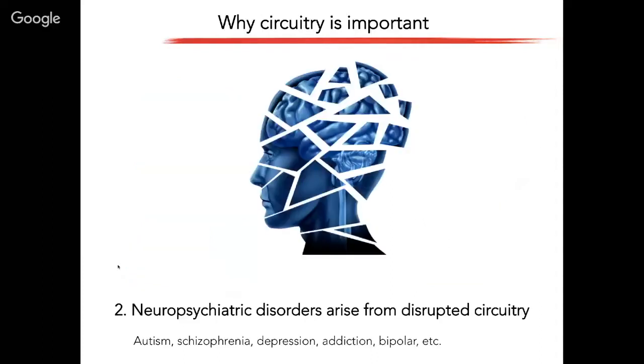And then the other really immediate need for understanding circuits is that most neuropsychiatric disorders arise from disruptions of neural circuitry. Autism, schizophrenia, depression, addiction, bipolar disorder, they're all probably, or many of them are probably in large part, caused by disruptions of either structural or functional circuitry.